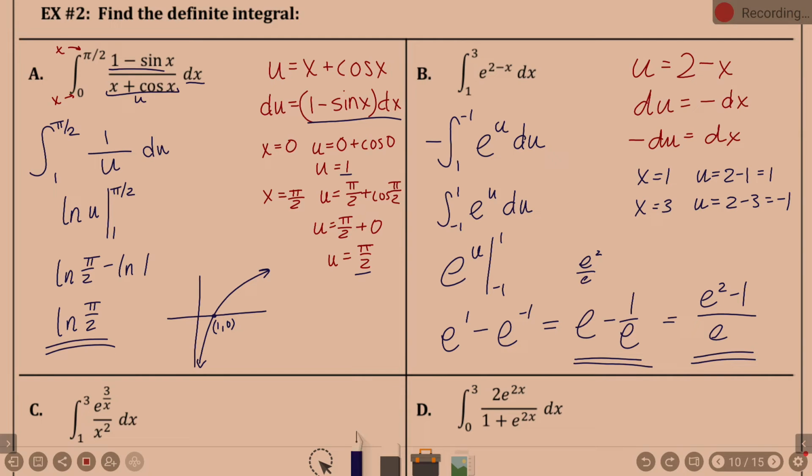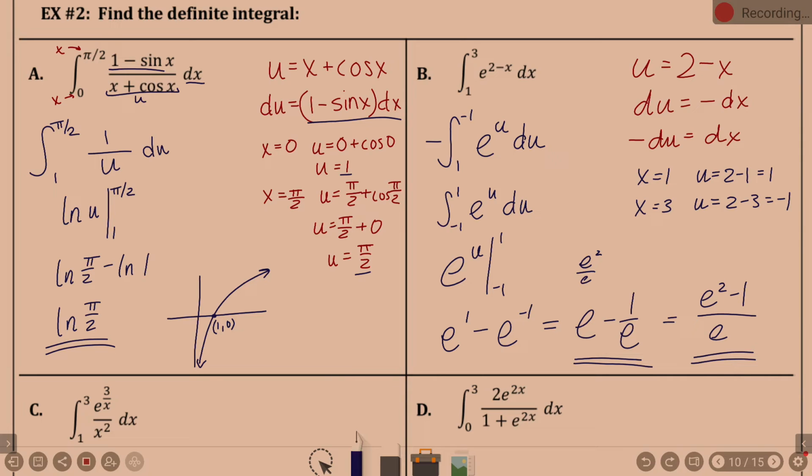This is one, honestly, that could easily be done without u substitution, because when you integrate that, it's just itself, right? And if you're compensating for the derivative up there, the derivative of that exponent is just a negative, so it's just multiplying by a negative.